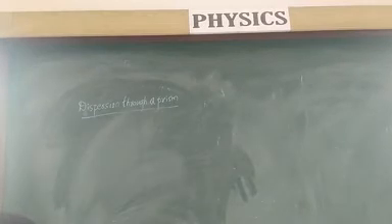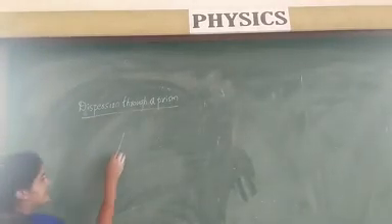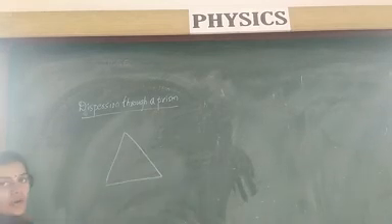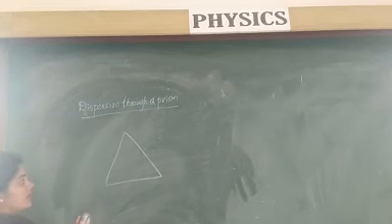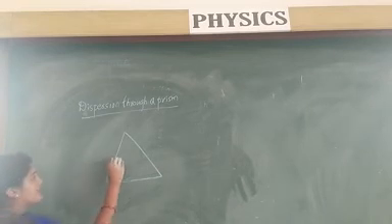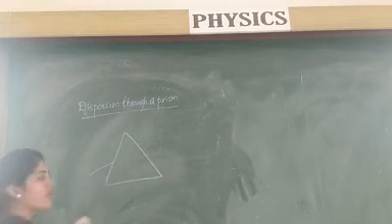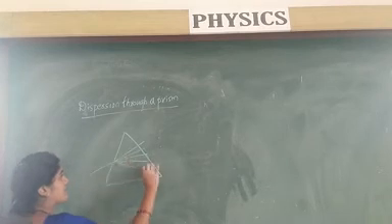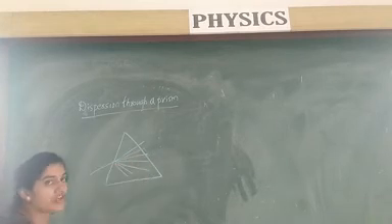Now next we are starting the dispersion through a prism. Let us consider a prism. A ray of light, or white light, is made to fall on the prism. There will be splitting of the rays.